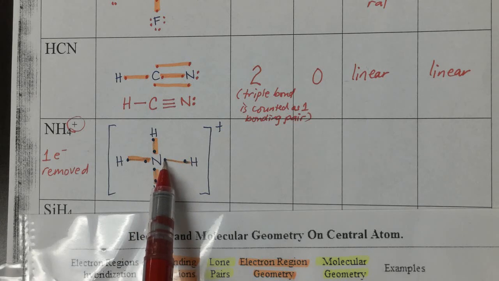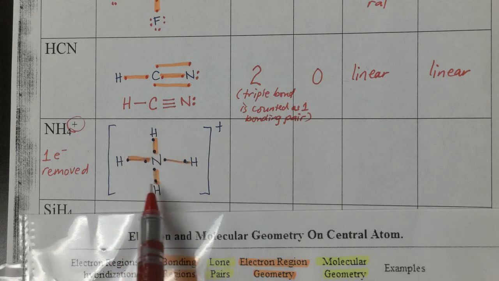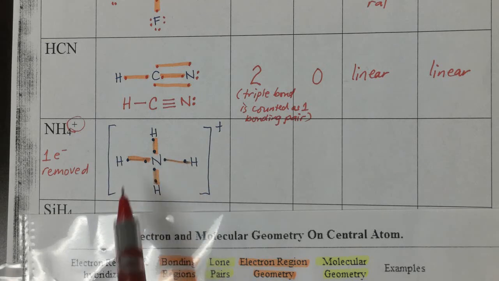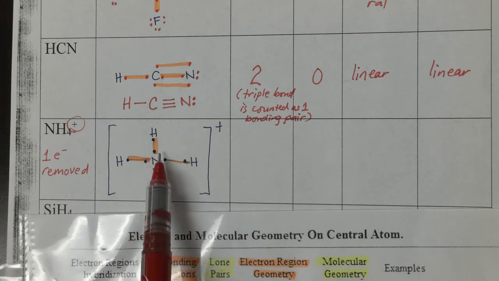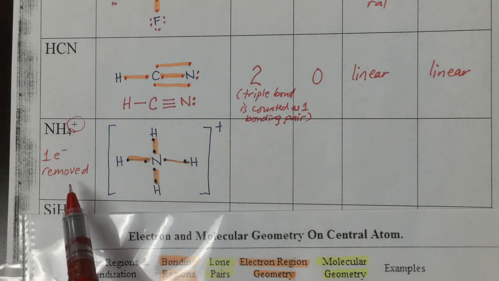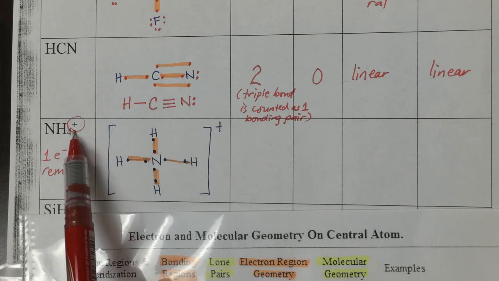And that is exactly the number of hydrogen atoms that will be bonded to it. So with 4 and 4, we get 4 single bonds. You should not write any leftover dot for the nitrogen here because of the concept of 1 electron removed, and that is due to the plus charge of your ion.